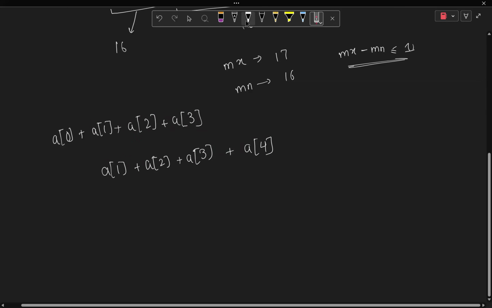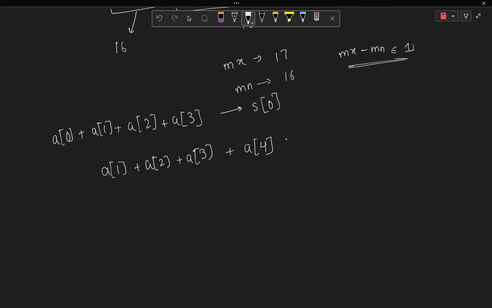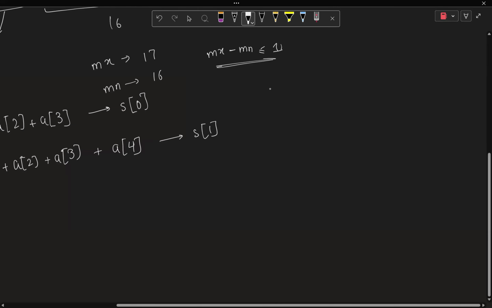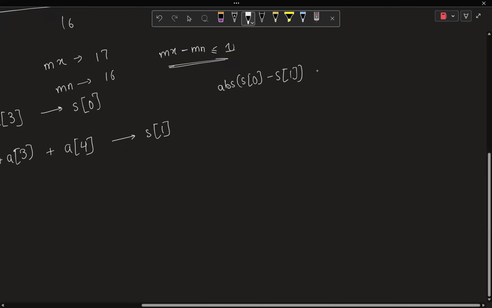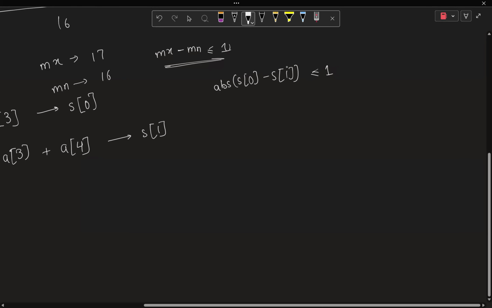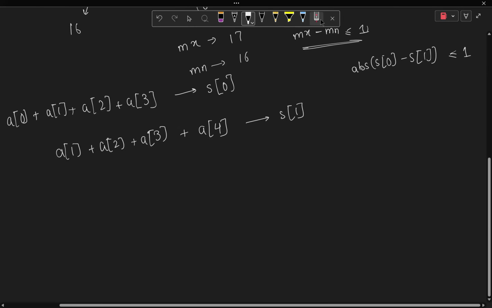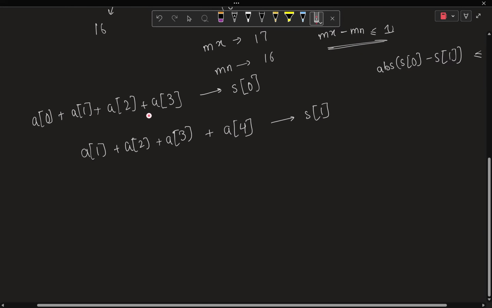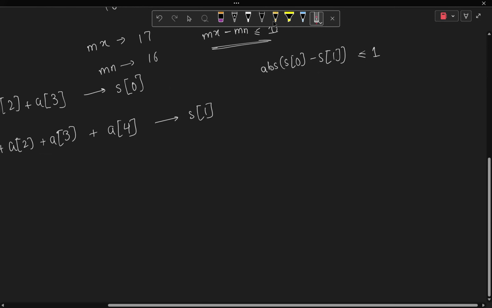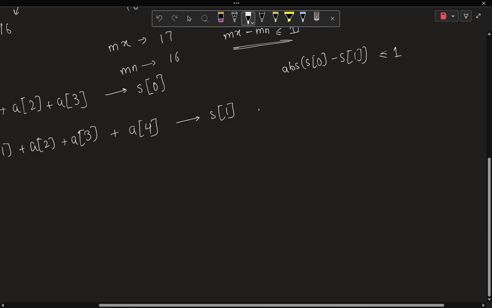And since I want whatever comes up to be the sum of these, let me call this S0, and the sum of these four elements, let's say, S1. I want that the absolute difference of S0 minus S1 should be less than or equal to 1. Right. I want this thing to happen. So in S0 minus S1, you can see three elements are common.